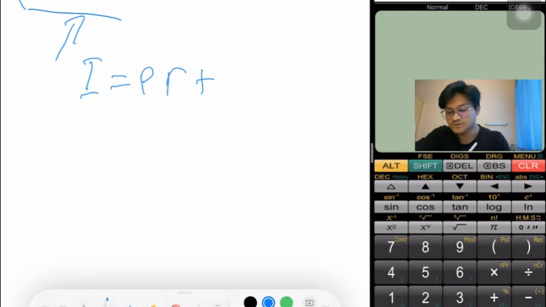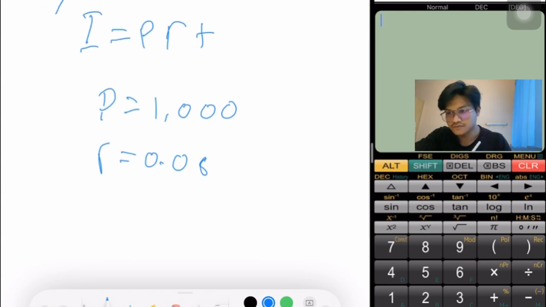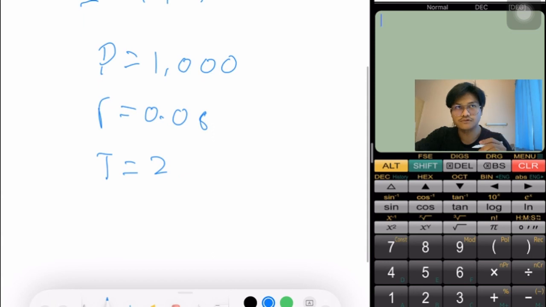So the principal is 1,000, and the rate is 0.08. For the year we put 2, because 2 is the number of years the investment is going, the time period.